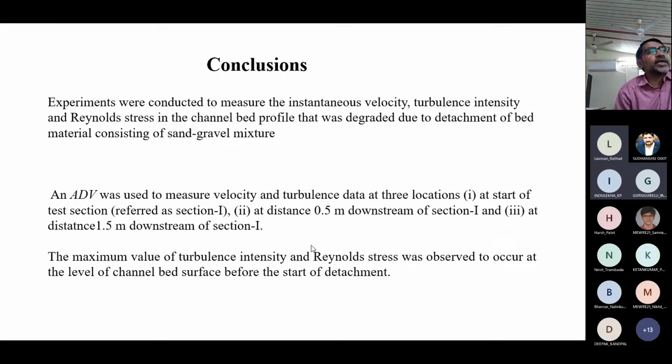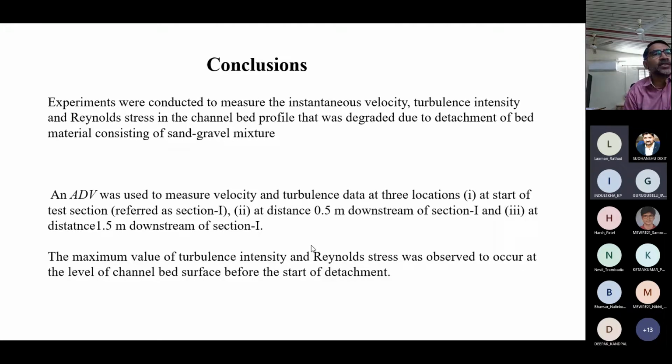The experiments were conducted to measure the instantaneous velocity, turbulence intensity, and Reynolds stress in a channel bed profile that was degraded due to the detachment of bed material consisting of a sand-gravel mixture. An ADV was used to measure the velocity and turbulence data at three locations, as we have seen: 0.5 meter downstream of section 1, at the start of the section, and 1.5 meter downstream of section 1.